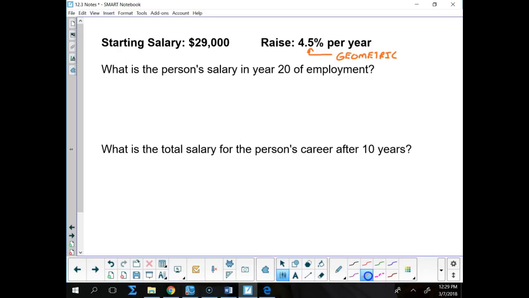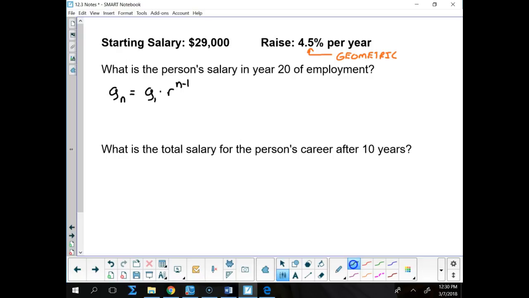So my rule then is going to be my geometric rule. G sub n is going to equal my first term times r to the n minus 1 power. Okay?